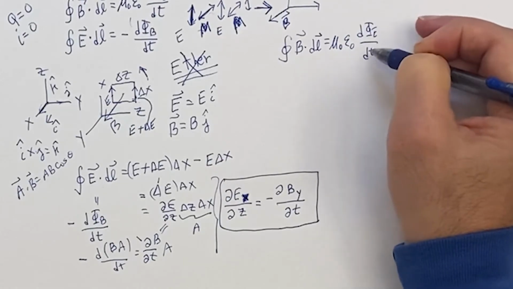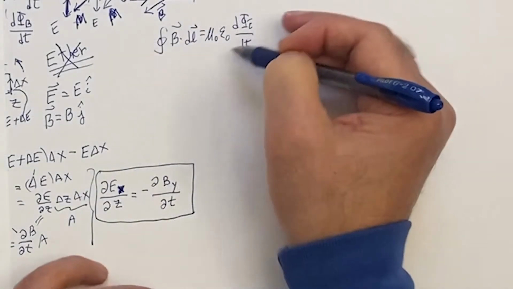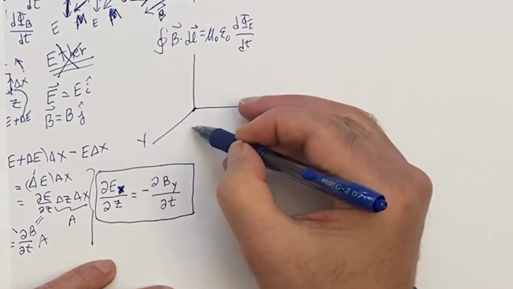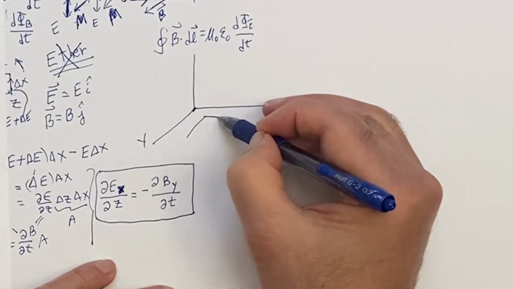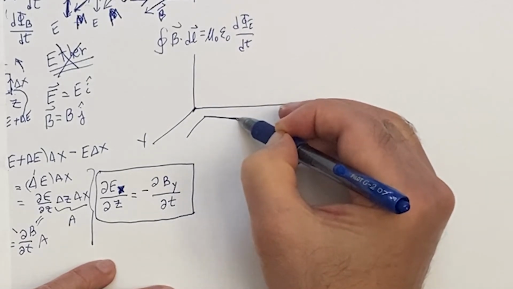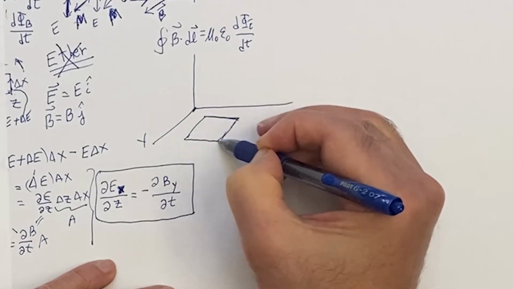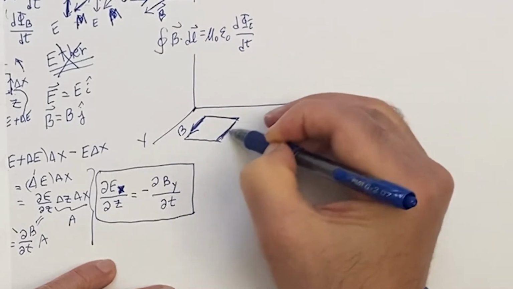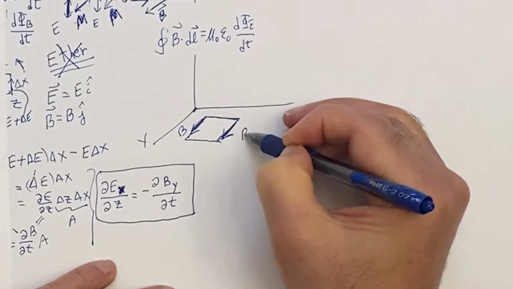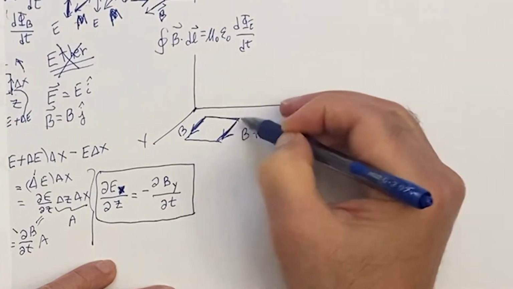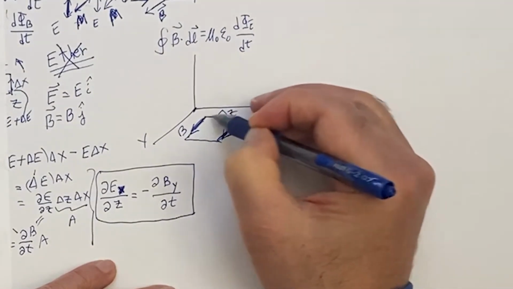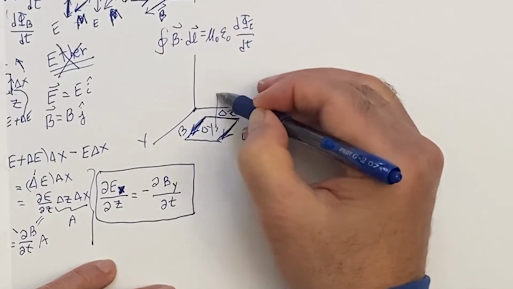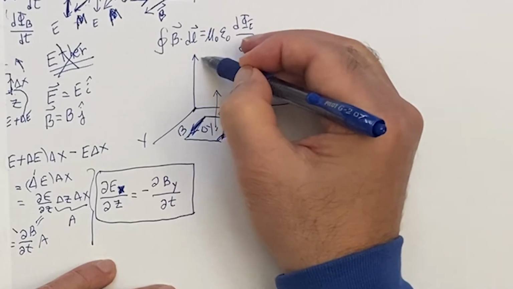We're going to do the same thing now, but here, okay, this is our Y. With the B, we're looking down here where your B points along Y. And here, this is going to be your B plus delta B. And here is a delta Z. And now we have a delta Y this way. And remember, the electric field points in the x direction.